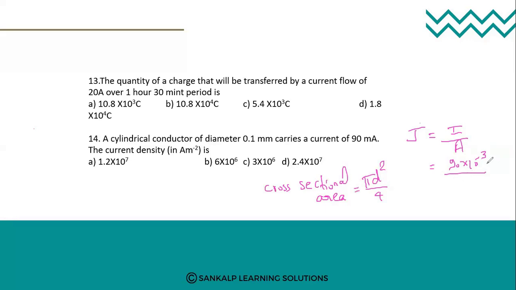So if I write pi d square upon 4, the 4 will go in the numerator. The pi value is 3.142, and the diameter is 0.1 into 10 raised to minus 3 because it is in millimeter. So the 10 raised to minus 3 will get cancelled. Remaining values you simplify, you will get option A. Option A is the correct answer.